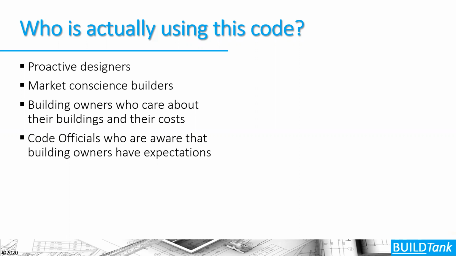To some extent, the IECC can be thought of as another building program like Energy Star or something like that, in the sense that there are people that are using the code to benefit the ultimate owners of homes and to get the most efficiency and comfort they can out of those homes.